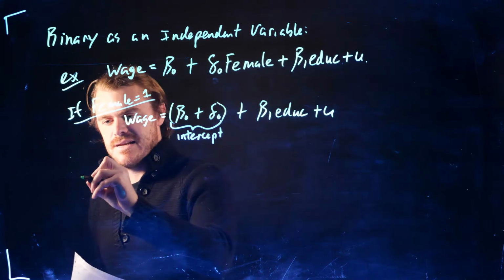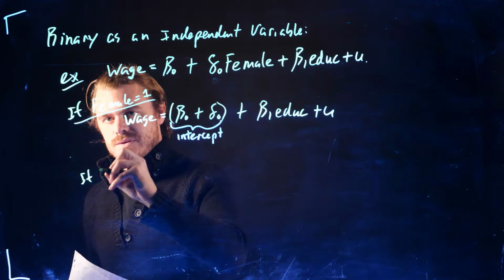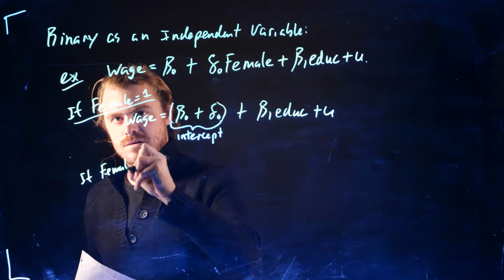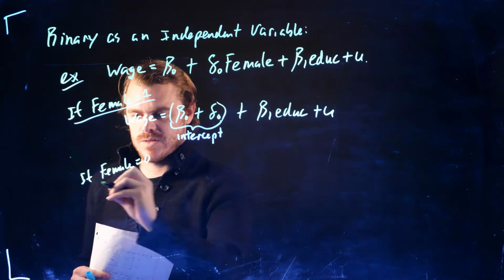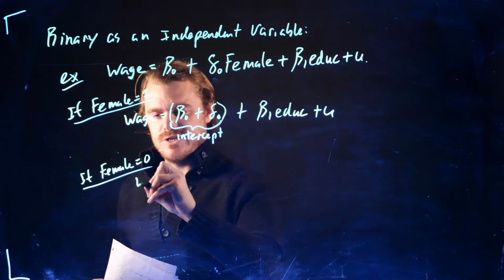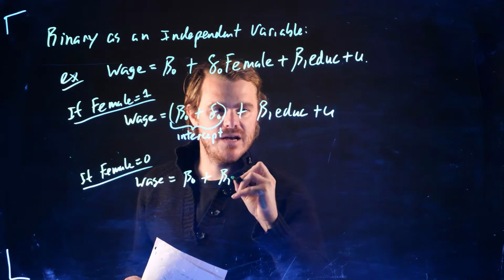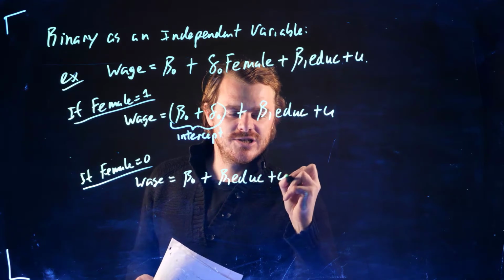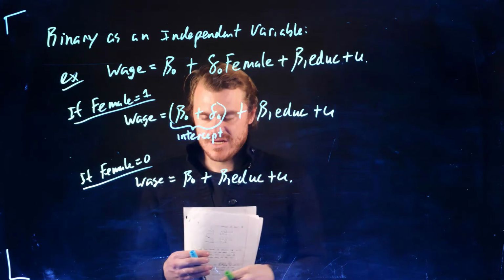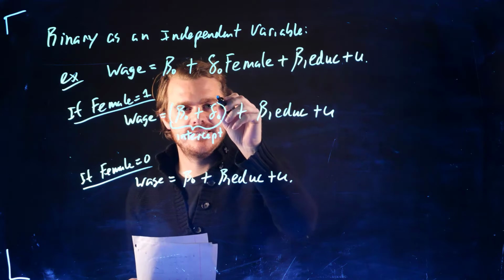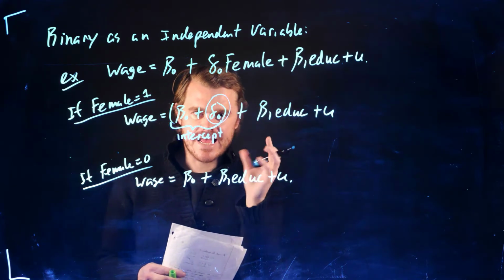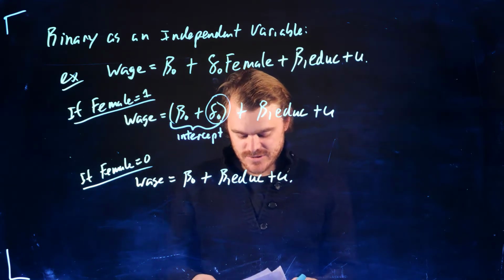Whereas if they didn't identify as female, then we just get wage equals beta 0 plus beta 1 times education plus u. So we see that this delta here is capturing the difference between the two.